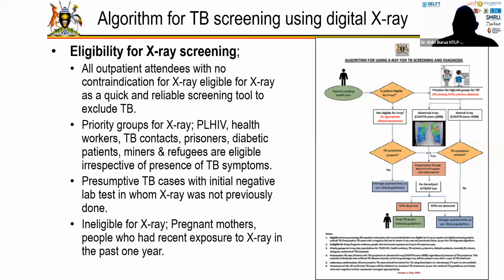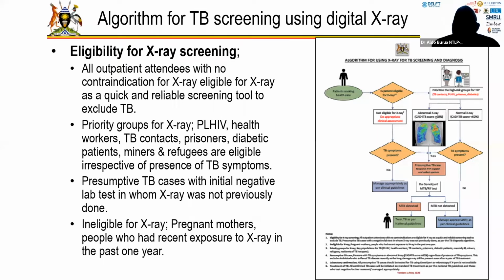I want to talk about how the X-ray screening algorithm comes in place, because you realize that we have only 5 of these equipment in the initial implementation at health facilities. So we had to adopt a separate algorithm specifically for those facilities that have the digital X-ray systems for purpose of screening eligible patients.